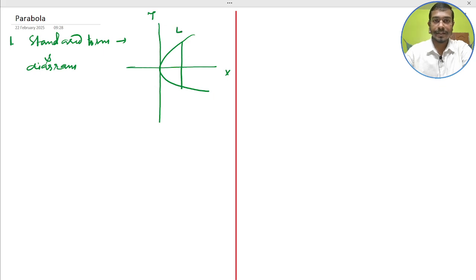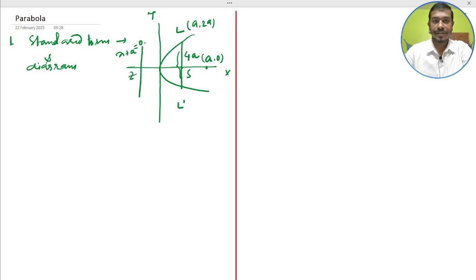This is L dashed, whose coordinates here are a, 2a and a, minus 2a. This is a, 0, and the length here is 4a. This is the S, and here this line x plus a equal to 0.